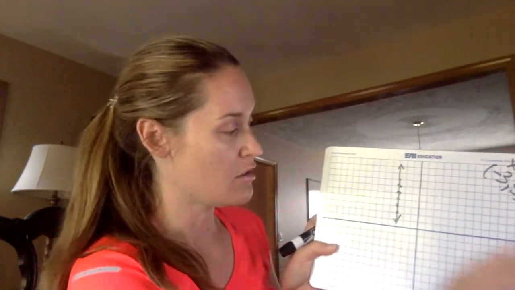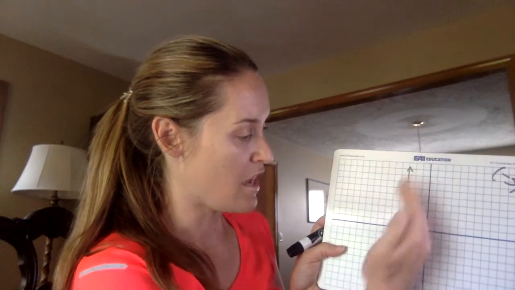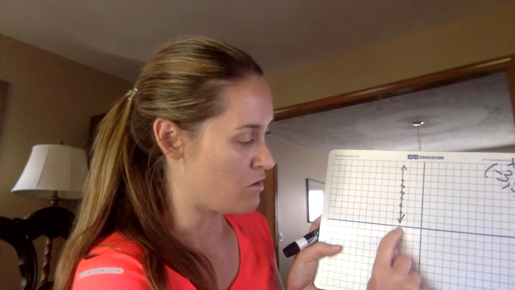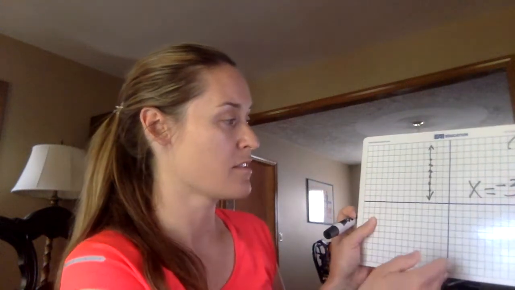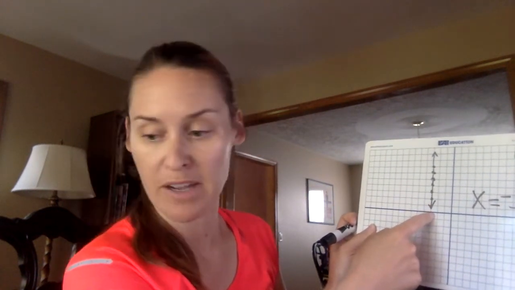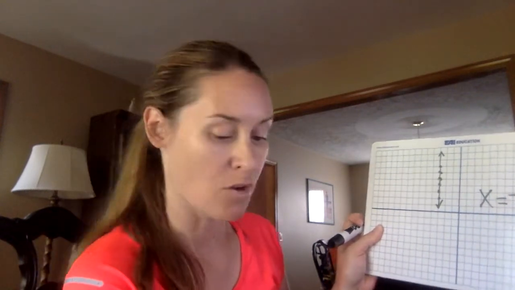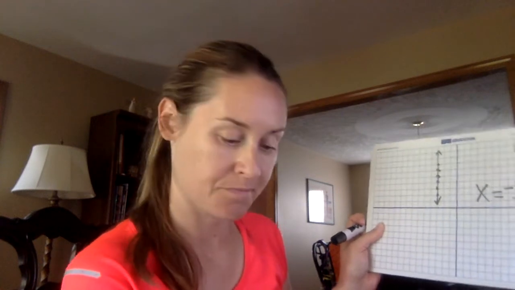If you notice, the y values are changing, but the x value is always negative 3, right? So our line is going to be x equals negative 3. That means it doesn't matter where you go up and down the y-axis. My line is always stuck at that negative 3 point for x. All right? So on that, it says, what is the equation of the line? We're just going to write x equals negative 3.